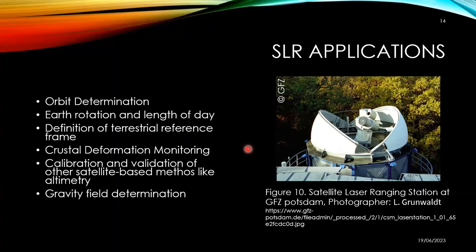These days, we have satellites that have reflectors under them, so we can use this technique to measure their position precisely, or as an extra observation to the other techniques that are used for determining the coordinates. It can determine Earth's rotation and length of day, the definition of the terrestrial reference frames, crustal deformation monitoring, of course, monitoring of the points where these laser ranging stations are, and calibration of other satellite-based methods like altimetry, for example, and gravity field determination, which is mainly related to the perturbation of the satellites.